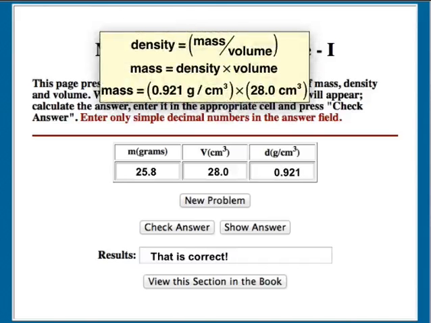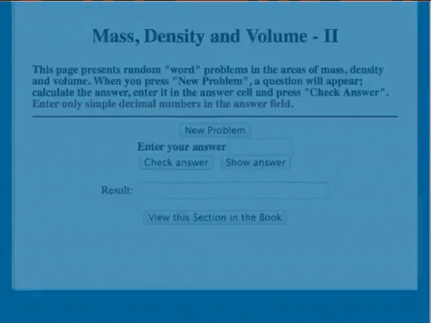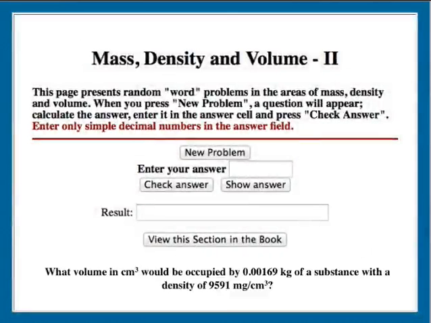All right, density 2. Density 2 is pretty much the same as density 1, except for two things. First of all, instead of a table, it's a word problem. Now, people traditionally hate word problems, but they're really no different than our table. Secondly, we're going to be given mixed units here.